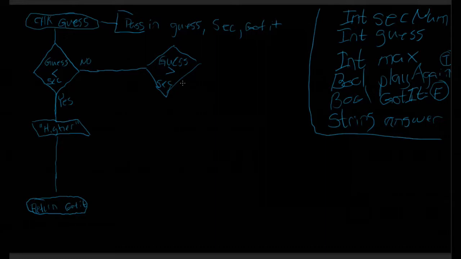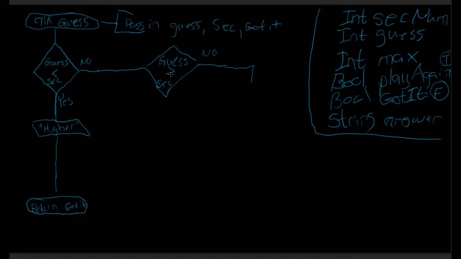Now, here we want to say if it's no. If guess is not less than, nor greater than secret, that means we got it. We don't have to do a check to see if we got it because guess is not lower or higher than the secret. So we know if the answer is no, they actually got the answer correct.